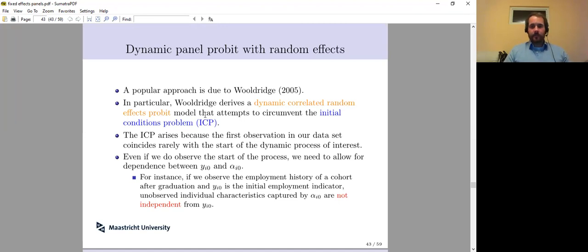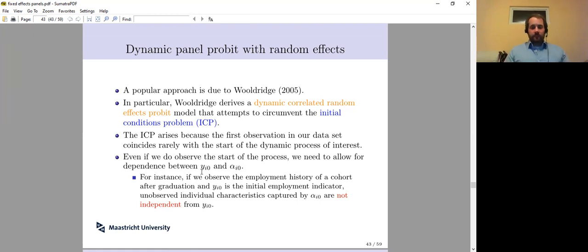The initial condition problem arises because whatever we see in our panel data set, the first observation in time that we have is pretty much never the first observation of the process that we observe. And even if we observe the whole process from the start, we need to allow for dependence between the initial y, the starting value of the process, and the unobserved effects.